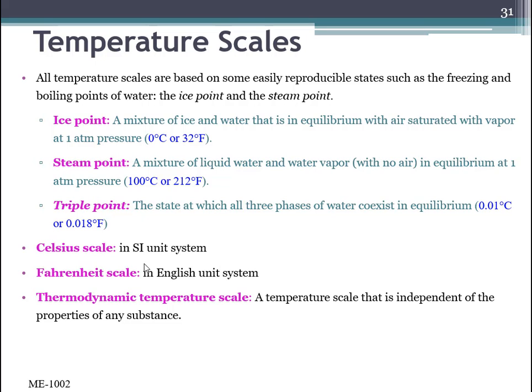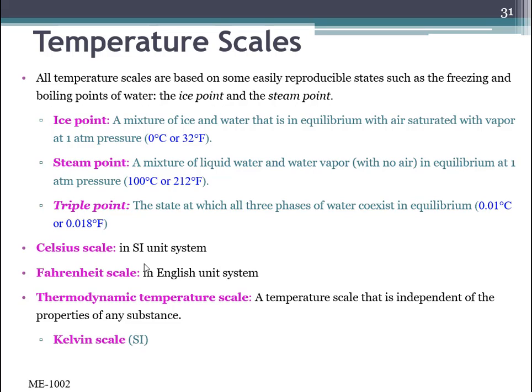We will see that the temperature at which water boils is not always 100 degrees Celsius. You can boil water at 100 degrees Celsius, but we will see how water can be boiled at a much lower temperature, for example 5 degrees Celsius or 10 degrees Celsius. We will see that in this course. That will be an interesting thing to understand.